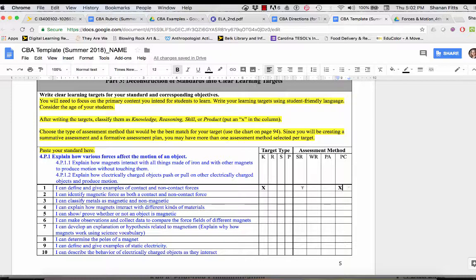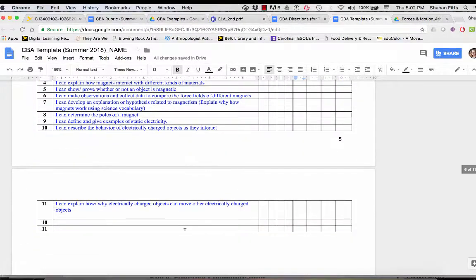And then on my summative assessment, I would either use maybe a performance assessment where I give them a task, or a test. I would need to think about that more and decide. But for right now, I'm going to put selected response and personal communication as my assessment methods for this. And you would need to do that for all of the learning targets that you identify.